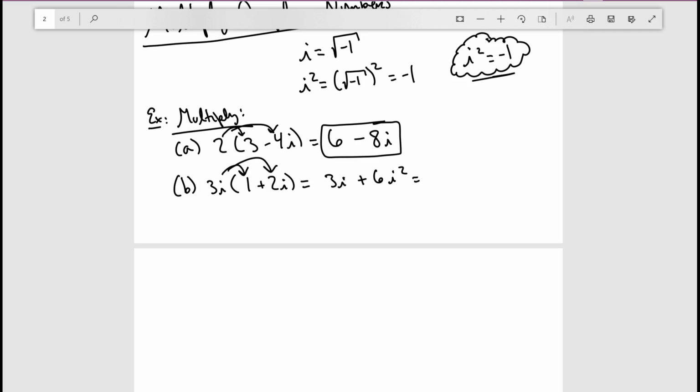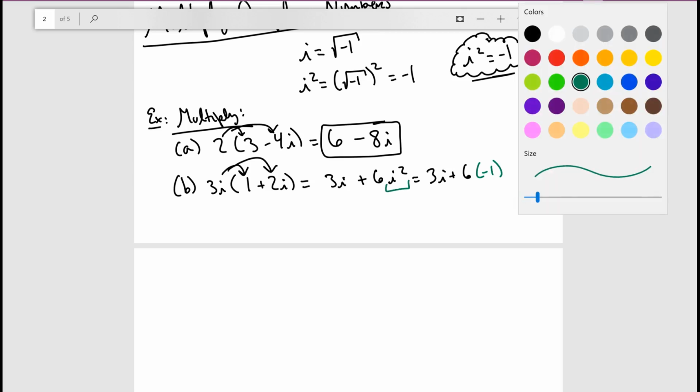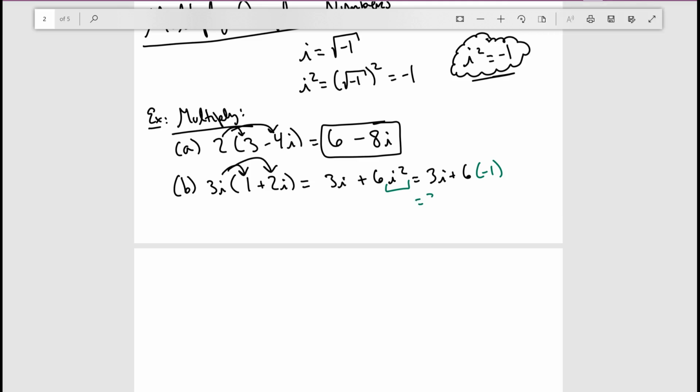Well, i squared was just equal to negative 1. So I get 3i plus 6 times negative 1. And this is just going to give me 3i minus 6. Or you can rewrite it as negative 6 plus 3i, by just switching these two around.